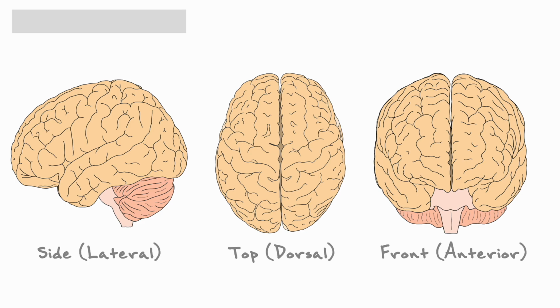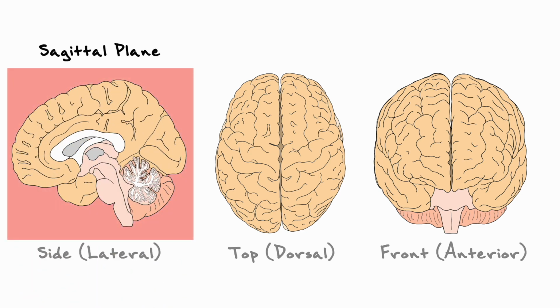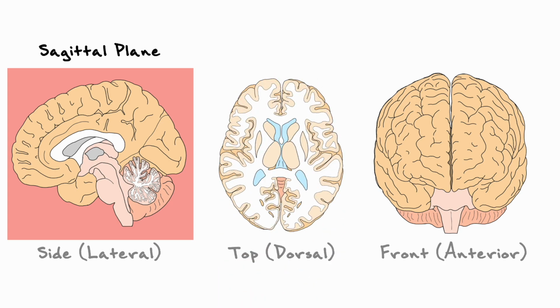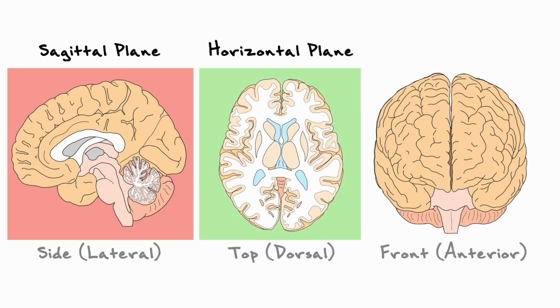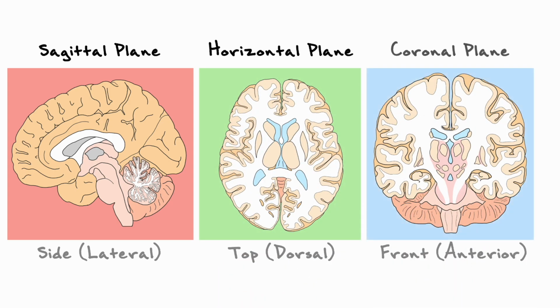If the brain is cut from the side view, this is said to be the sagittal plane. A cut while viewing from the top would show the horizontal plane, and a cut at the front is called the coronal plane. These 3 different types of cuts provide various angles to analyze the brain and decompose the complex 3D structure in more manageable perspectives.